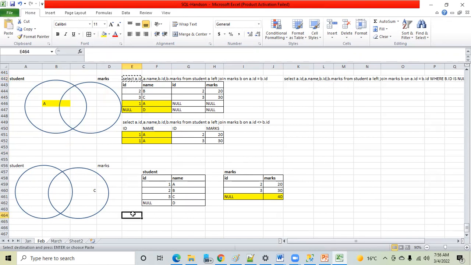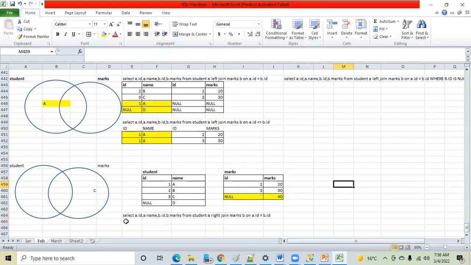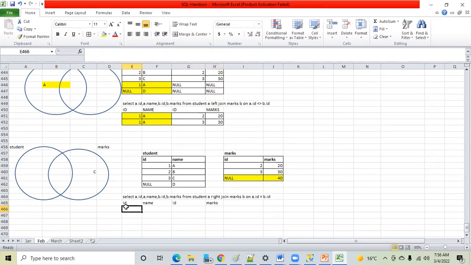So if I execute this, no. Sorry. Do one thing. If I do a right join here, what will the output be? ID, name, ID, marks. First of all, check the records which are the same.